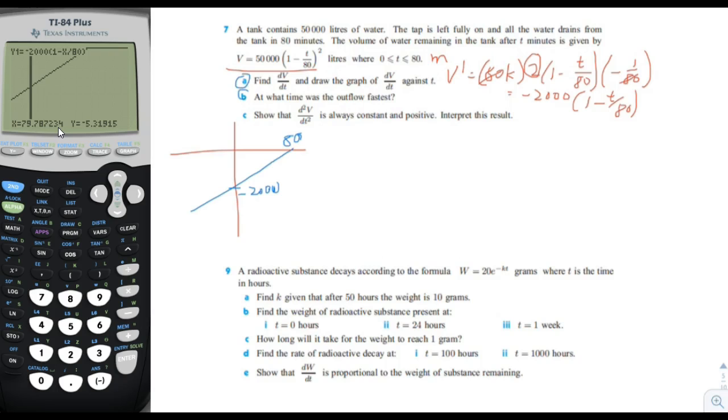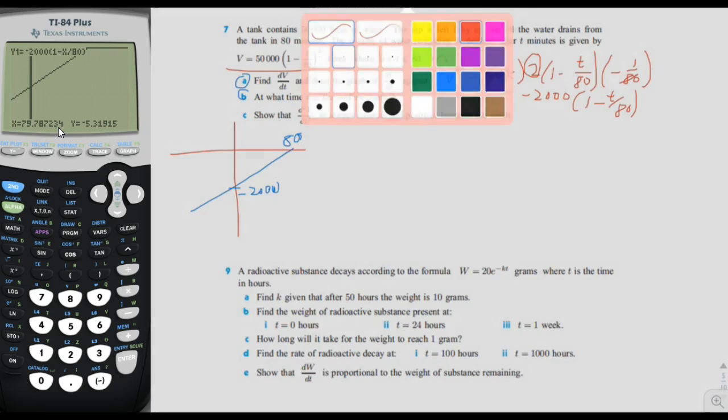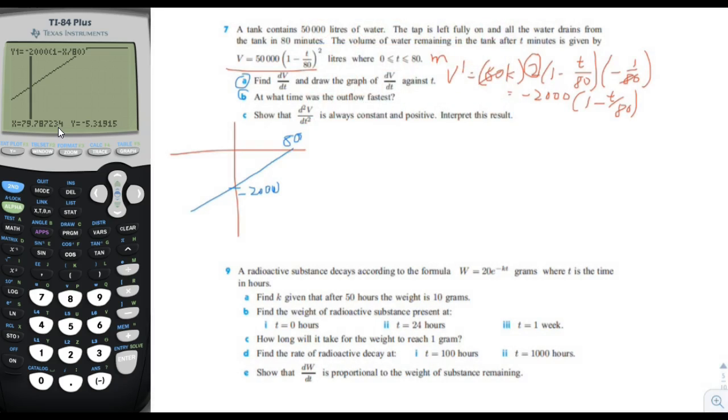B, at what time was the outflow the fastest? Well, the volume of water is V, and the change in the water was V dashed. So the outflow is actually V dashed. So when was V dashed the greatest? To find when V dashed is the greatest, we would need the second derivative of the volume. So let's simplify this.